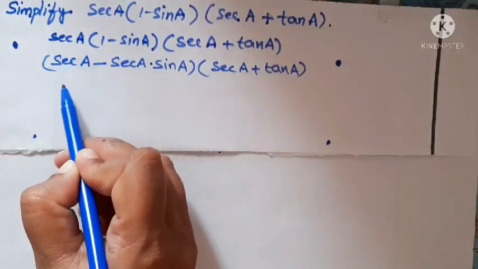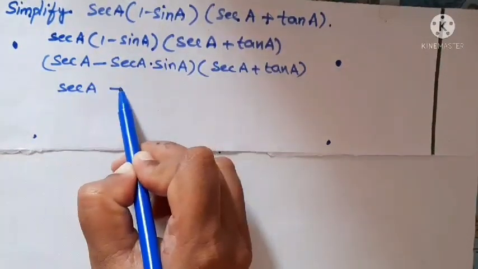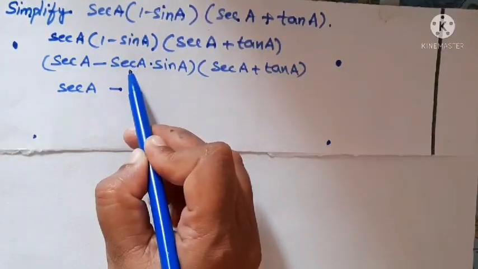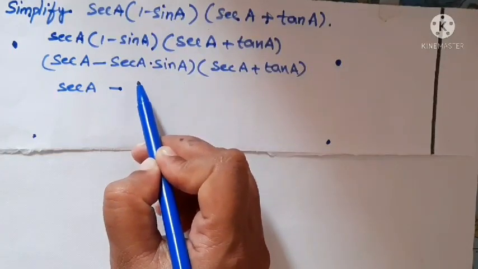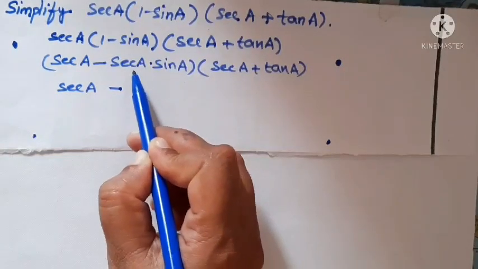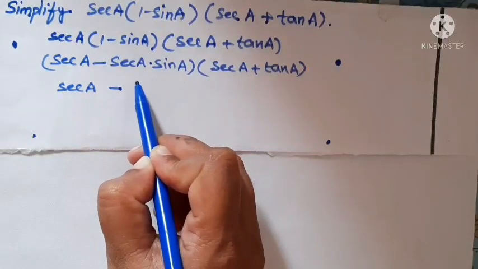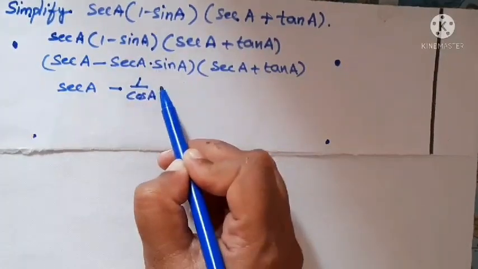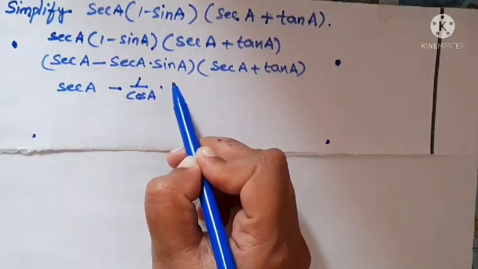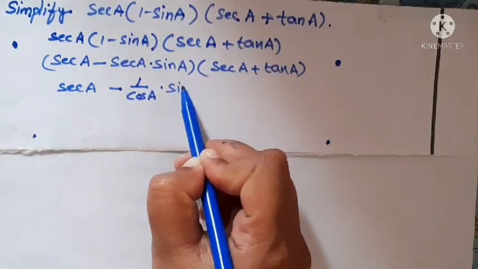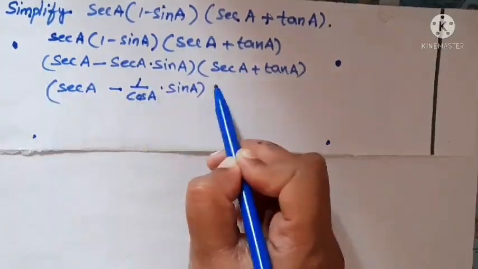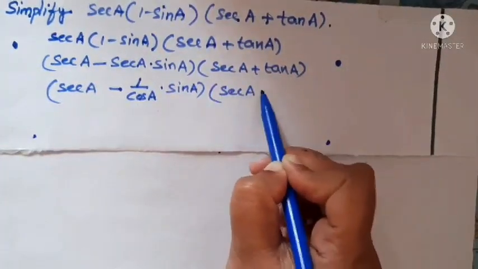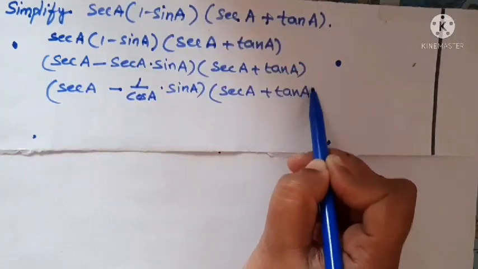Now write here secant a as usual, secant a minus, you know that secant a is 1 by cos a. Cos a is the multiplicative inverse of secant a. So I am writing 1 by cos a instead of secant a. And next sin a. Now again I am writing as usual secant a plus tan a.